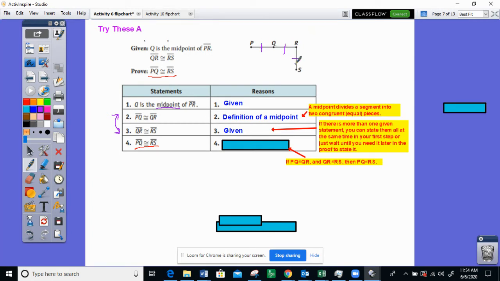All three of these segments have one tick mark. They're all congruent to each other, but we need a reason that segment PQ is congruent to segment RS, and that's because of the transitive property. Segment PQ is congruent to segment QR is congruent to segment RS. The only way for both of those statements to be true is if segment PQ is congruent to segment RS.